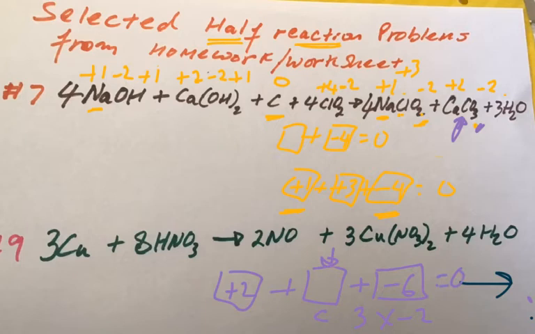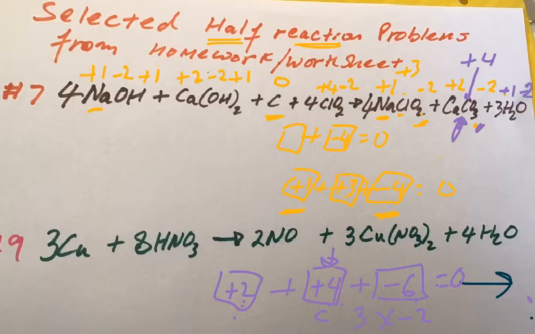Okay, if you have +2 there, you have -6 there, you're thinking that you got to put +4 here, right? Okay, +2 and +4 give you +6. You add -6, you get 0. So +4 is the oxidation state of that carbon right there. H, okay, most of the time is +1, and O most of the time is -2.